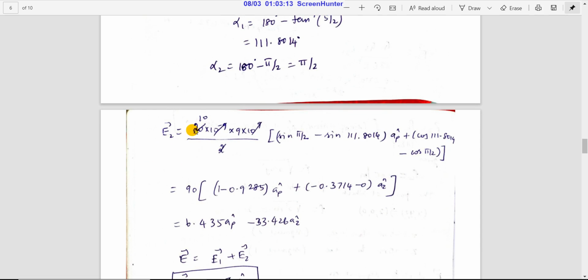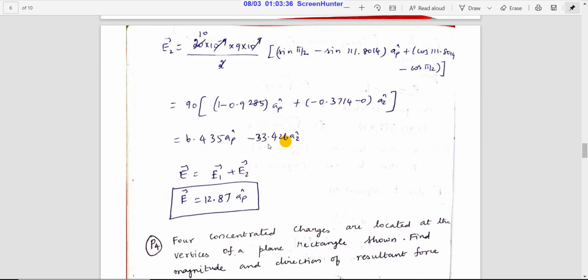If you substitute the rho s value 20 nanocoulomb, so 20 into 10 power minus 9, into 9 into 10 power 9, divided by 2, sin pi by 2 minus sin 111.8014 a rho cap plus cos 111.8014 minus cos pi by 2.